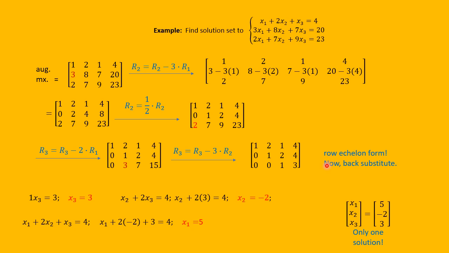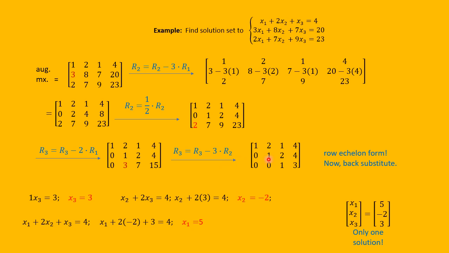So now we can easily solve our system of equations by back substitution. We'll start with the last equation and work our way up to the first equation. So this last equation is 1 times x sub 3 equals 3. So x sub 3 equals 3.